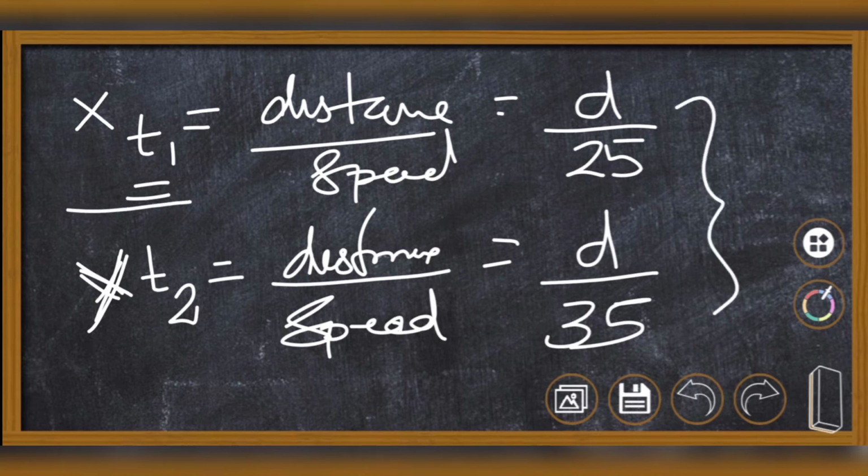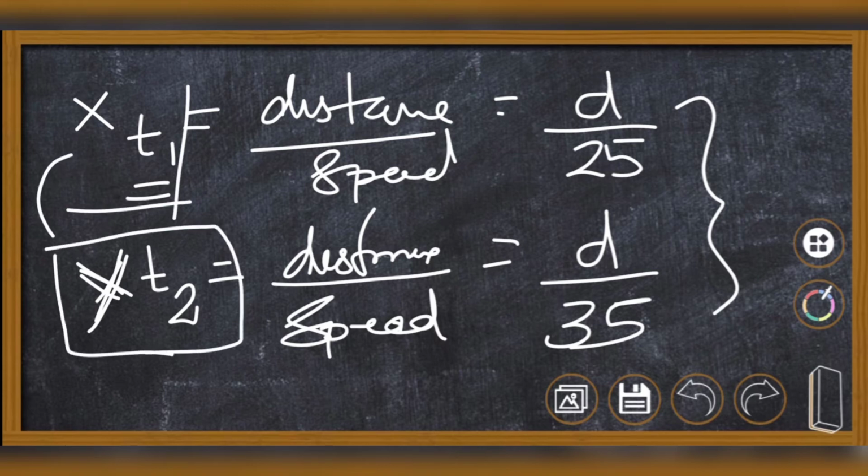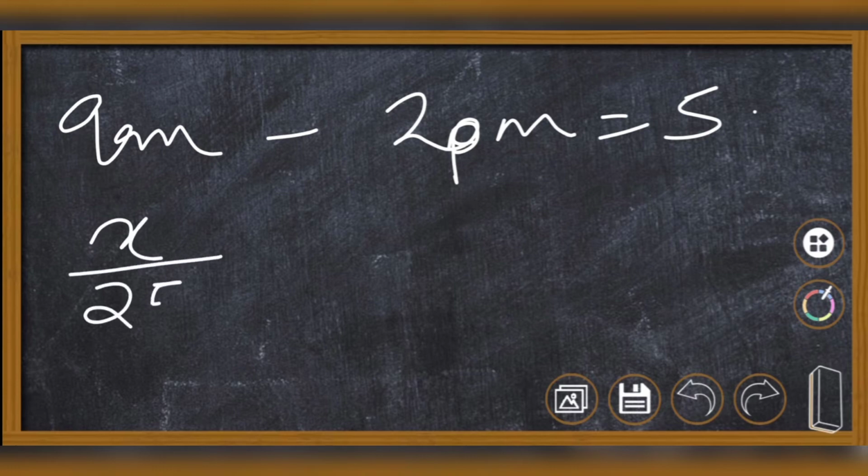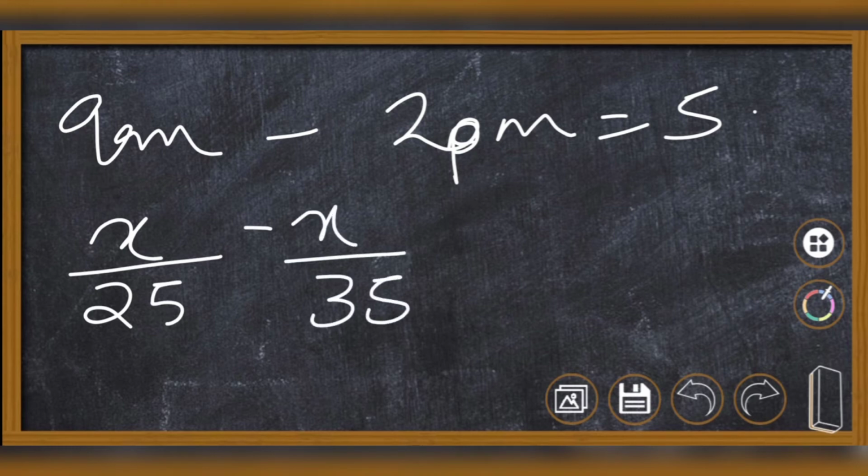So we know that the difference between the time is 5 hours. So d by 25 minus d by 35 will be 5, because the difference between 9 am and 2 pm is equal to 5 hours. So d by 25 minus d by 35 is equal to 5.